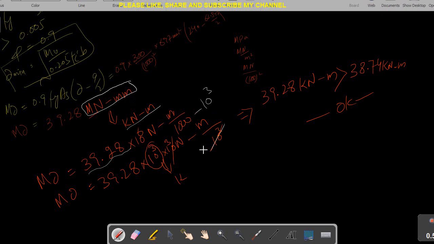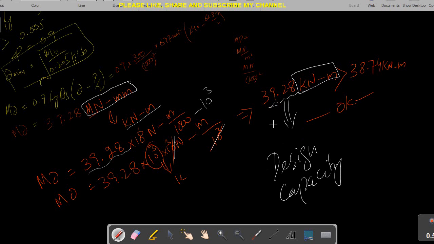This 10 to the power 3 cancels with that 10 to the power 3, and the remaining 10 to the power 3 means kilo, so the final unit will be kilonewton meter, and we need this one, as this is the design capacity.